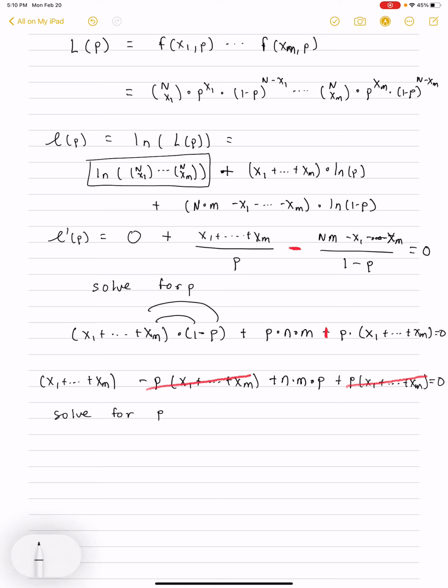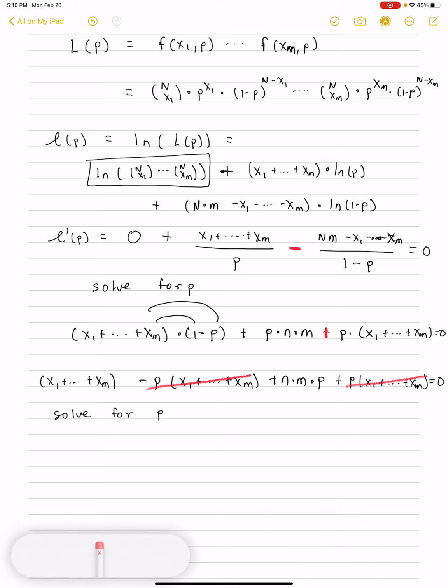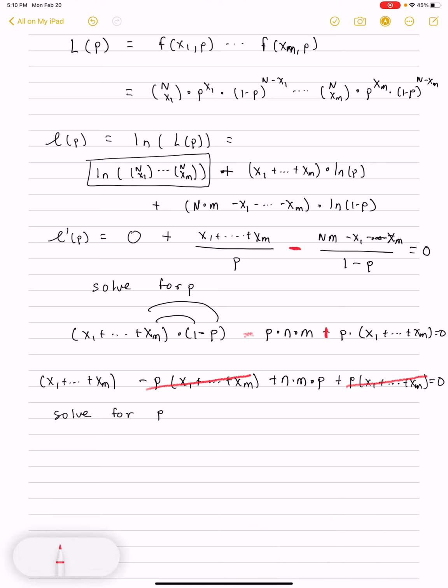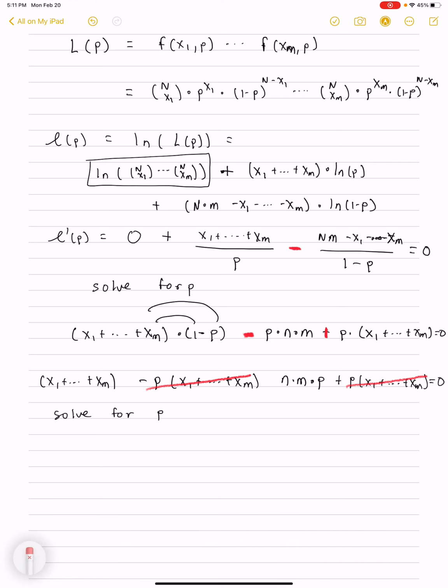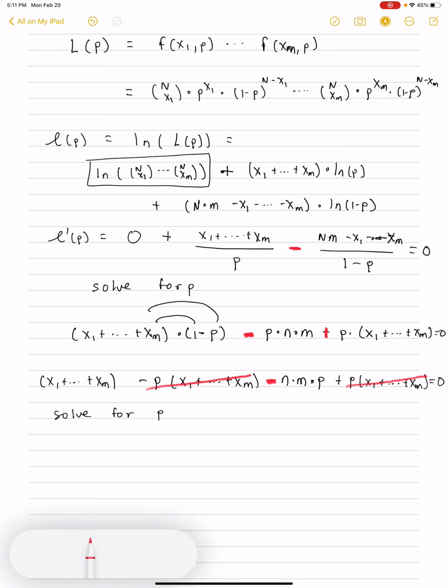Now, I did make an extension of that mistake: this term right here is also a negative, and this term right here is also a negative. So now if we solve for p, we're going to have x1 through x sub m equals n times m times p.